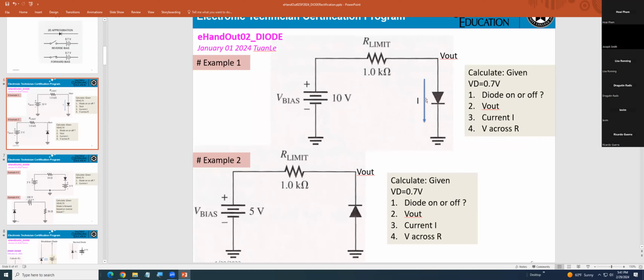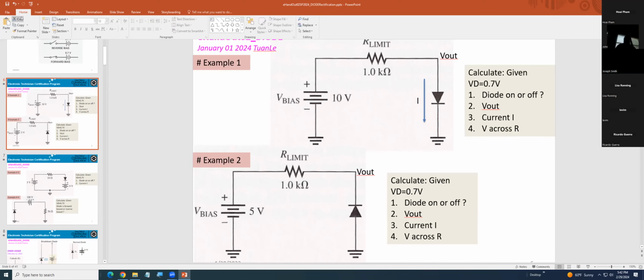Okay, now you can see this diode here. 10 volt, V bias. Can you tell me if the diode is on, forward bias or reverse bias? Don't take the diode out.